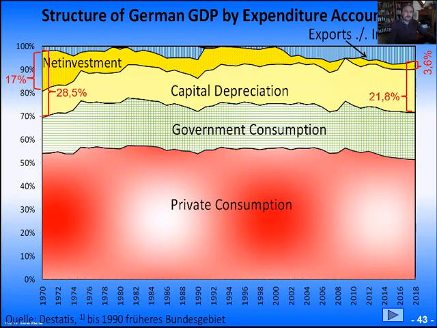Another feature that becomes observable here is the fact that periods where investment is shrinking are typically periods where net exports are growing. This was observable here in the 80s before the German unification, and it is observable here starting with the noughties. So there have been periods where domestic investment was shrinking while at the same time net exports had been growing.